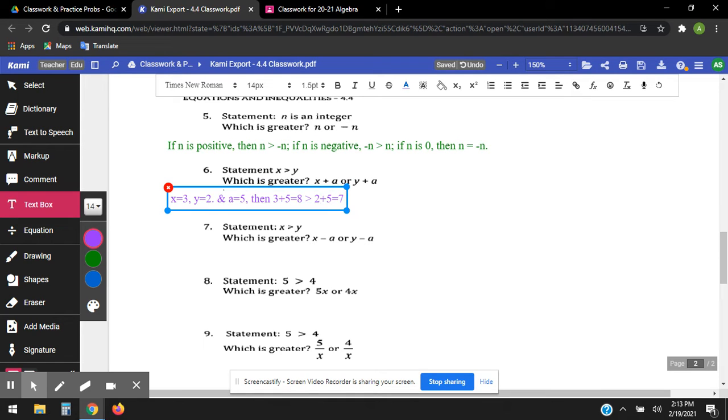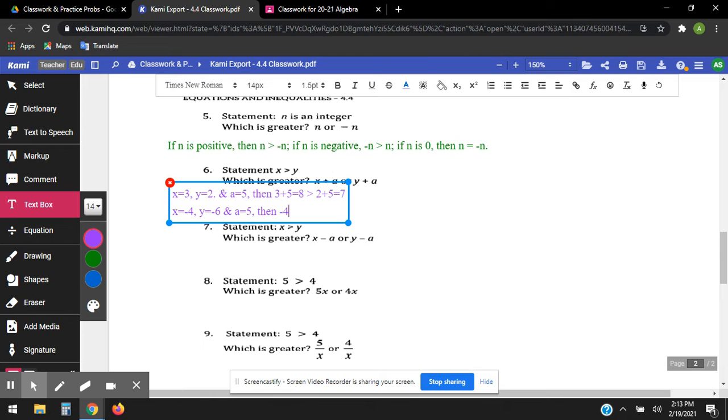Okay, so that's true. Let's try one more with negatives just to make sure. So let's do x equals, and x has to be bigger. So let's do -4, y equals -6, and a still equals 5. Okay? Then if we have -4 plus 5, that equals 1.